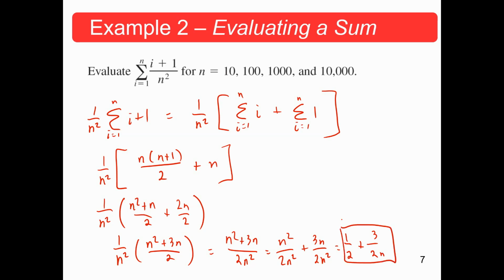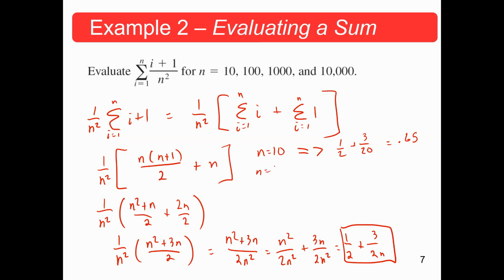So now, regardless of what my n is, this is my formula, and I can just plug each value of n in. If n equals 10, then this is 1/2 plus 3 over 20, which is 0.65.